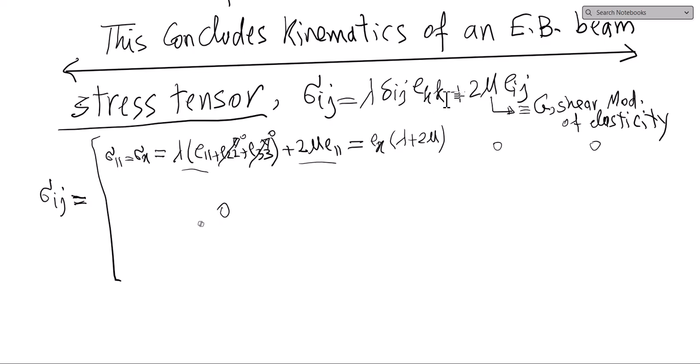So if I write sigma 22, which is sigma y, what is it? It is lambda, delta 22 is 1, but again I get E11, E22, E33, so only E11 survives, and plus 2 mu E22, right? But E22 is 0, right? So this guy survives.